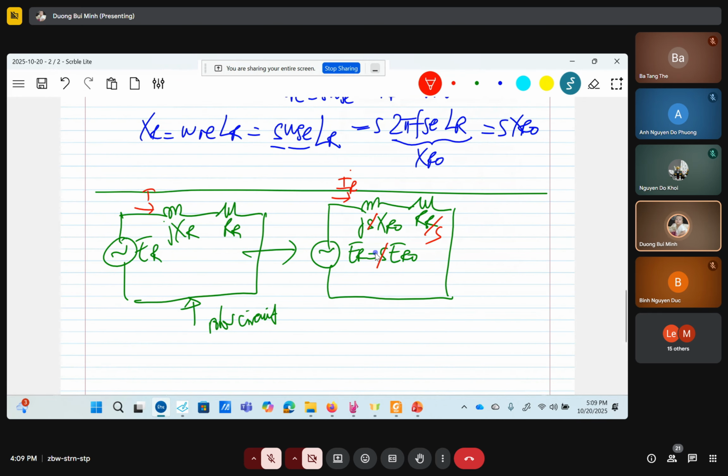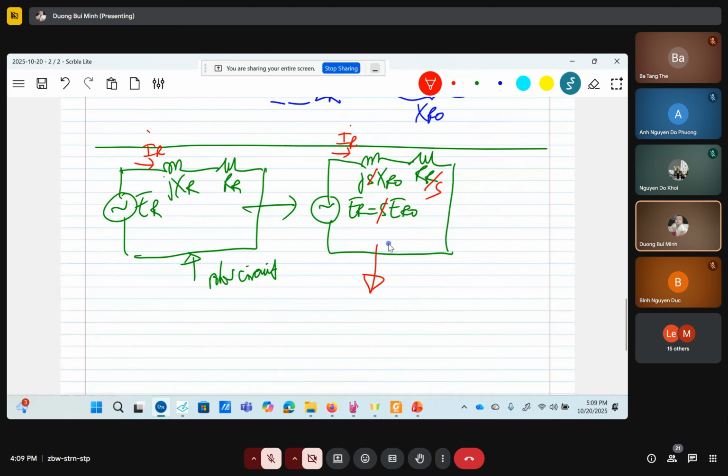So now this becomes EI0, now you get jXI0, and now we get RR over S.